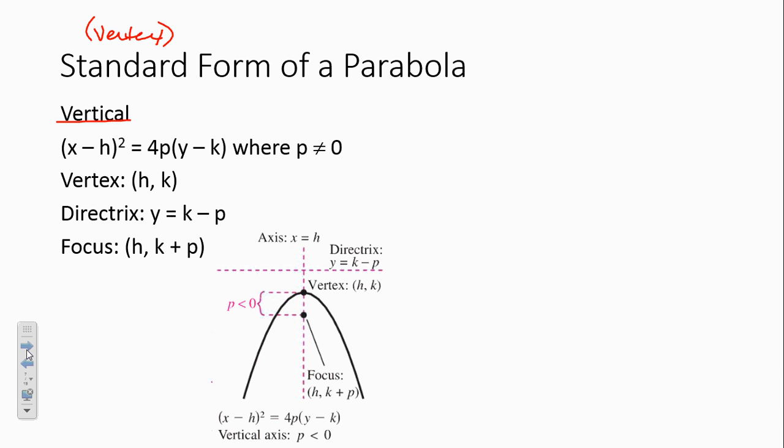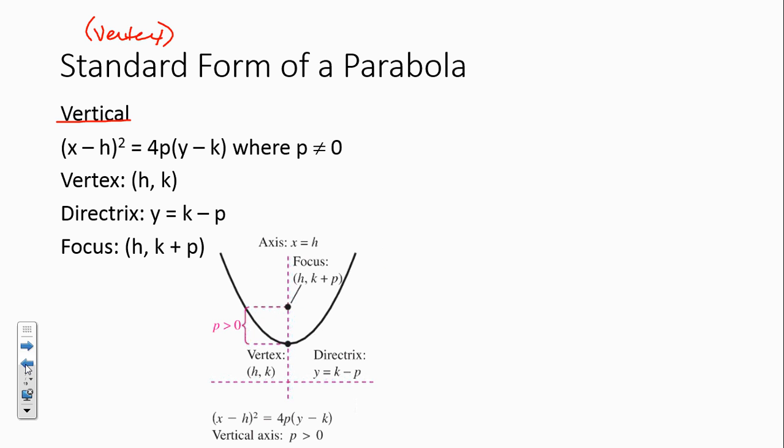If it's reflected, what's going to make it reflected? What made it open up? We're used to seeing y equals a(x minus h) squared plus k, right? Okay, that was our vertex form of a parabola.